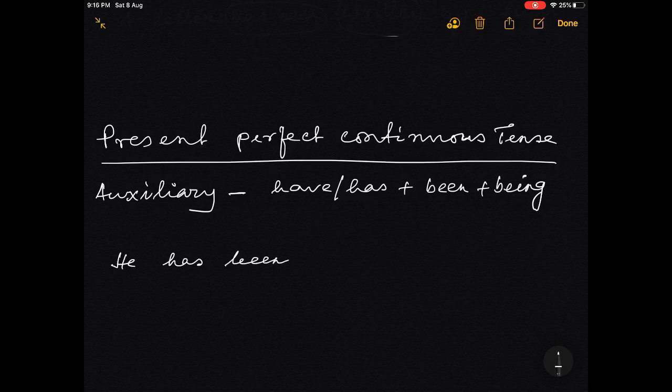He has been writing a letter. This is active.